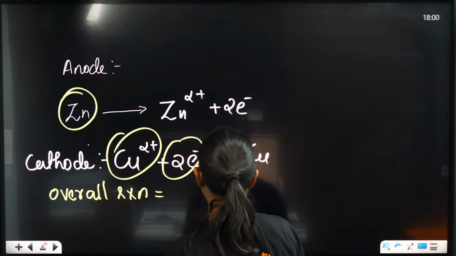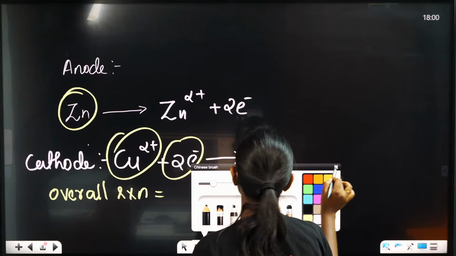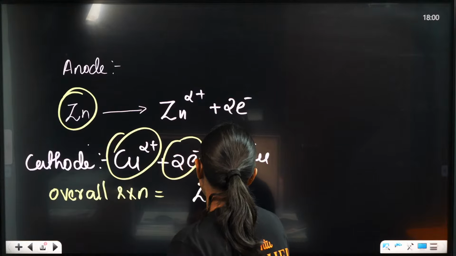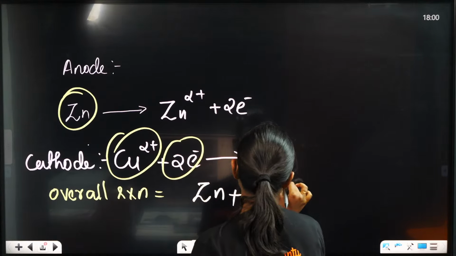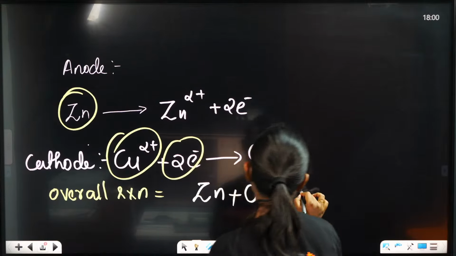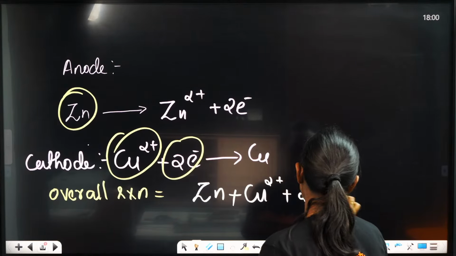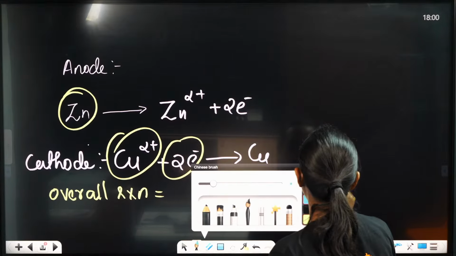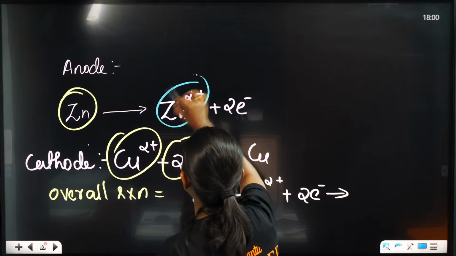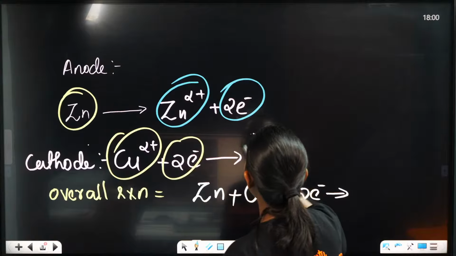Okay, you can see the reactant part. Zn is there, plus Cu2+ is there, plus 2 electrons are also there. And in the cathode part, you can see Zn2+, 2 electrons and copper.